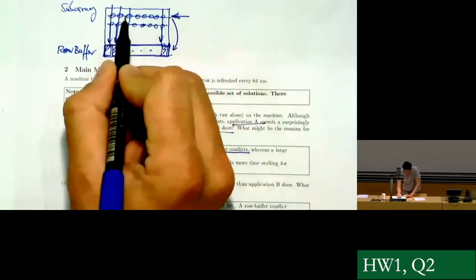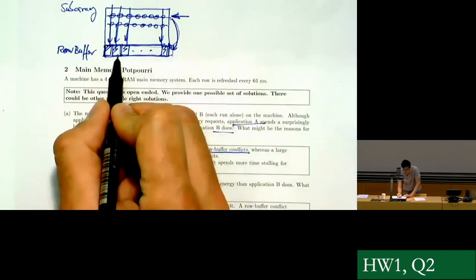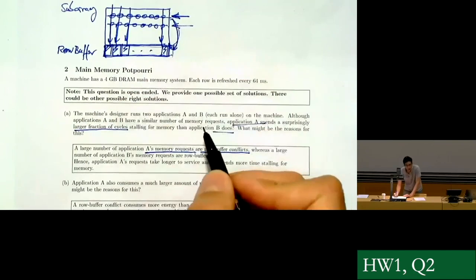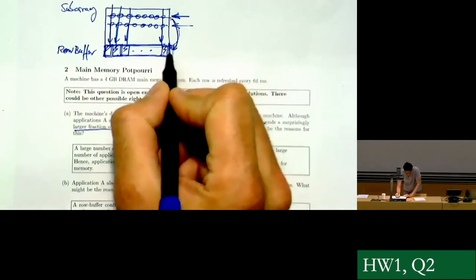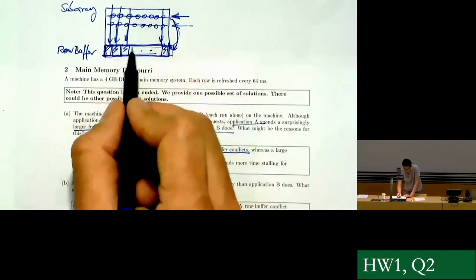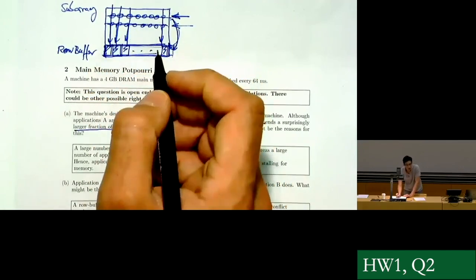This means that A accesses this row, and the row is loaded to the sense amplifier, and then next it accesses a different row. So we have to remove the first row from the row buffer and then load the second row, and so on.